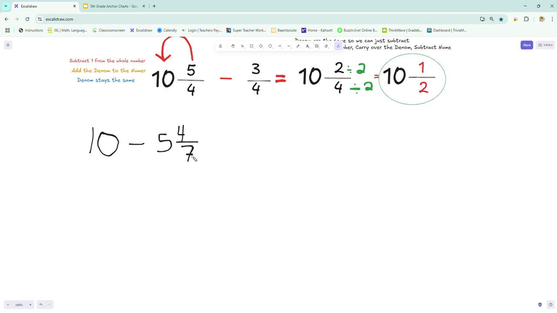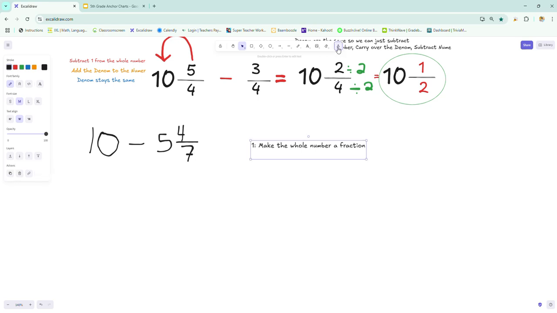Because 10 is a whole number, we cannot subtract a whole number and a fraction from a whole number. So the first step we're going to have to do is make our whole number a fraction. To make the whole number a fraction, we're going to have to borrow from our whole number, and we're going to use the same denominator that is in our complete fraction here.